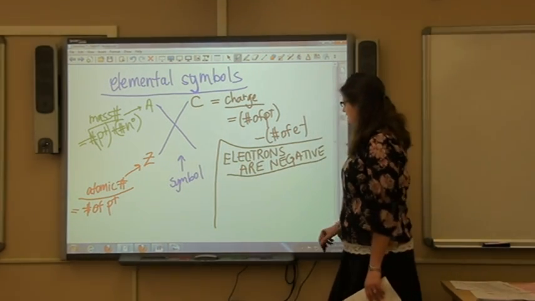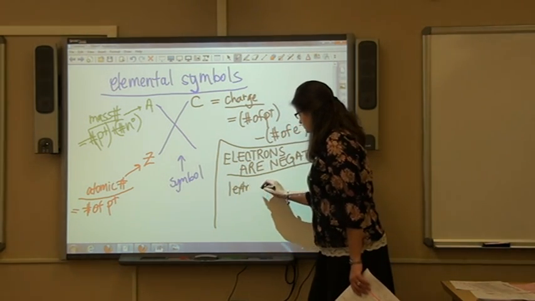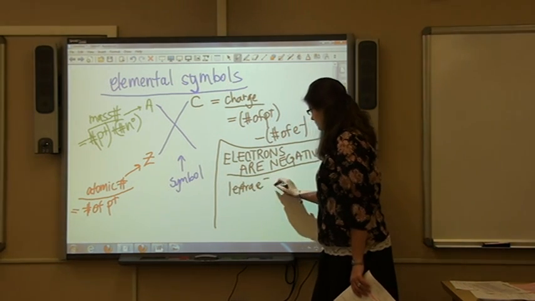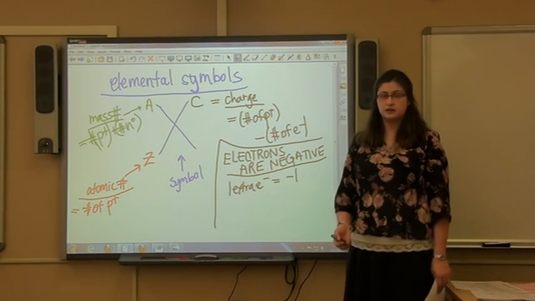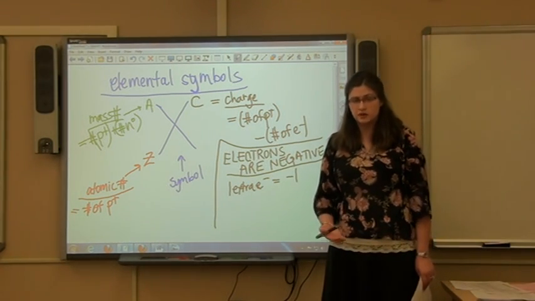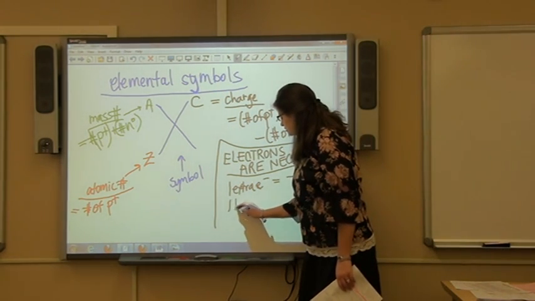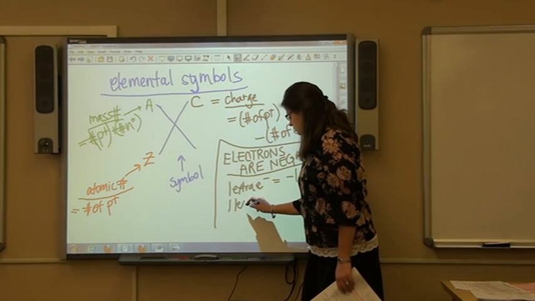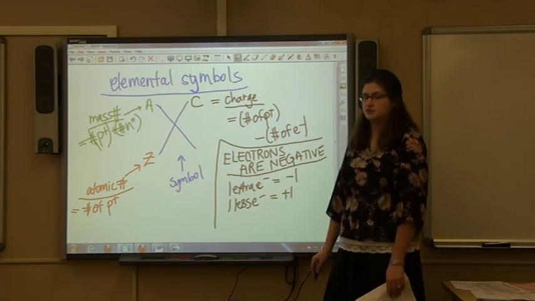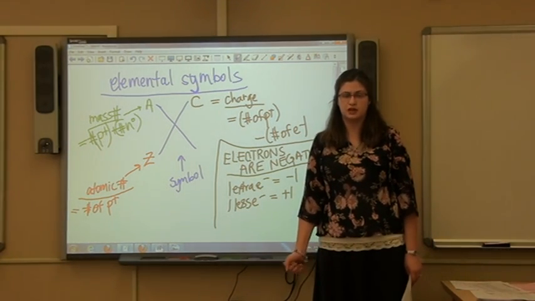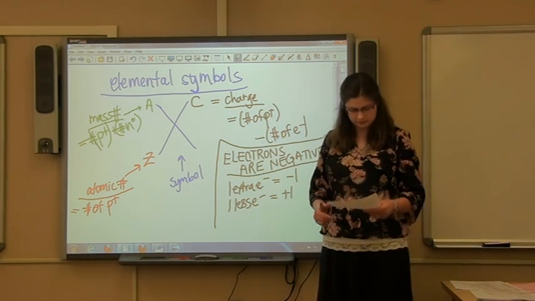So if you have one extra electron, you have a -1 charge. Adding electrons lowers the numerical value of your charge. If you have one less electron, you have a +1 charge because there's an abundance of protons versus electrons. We'll be talking about this more in depth in a little bit.